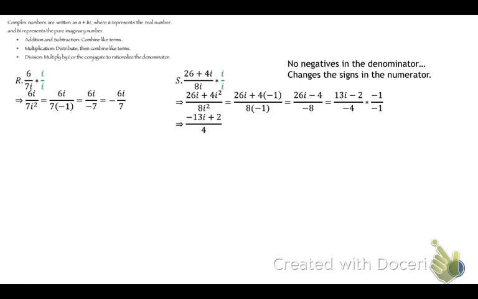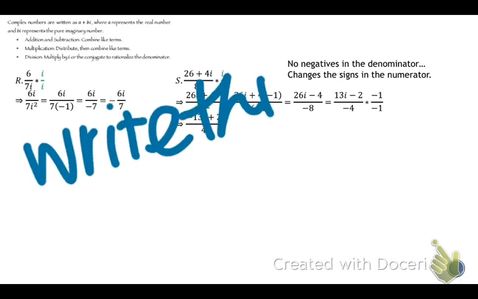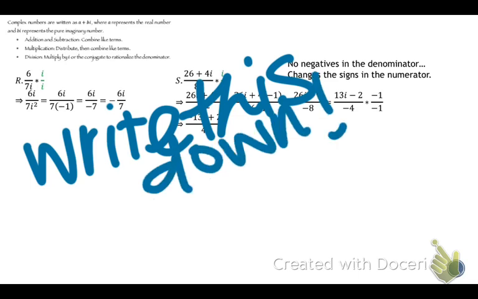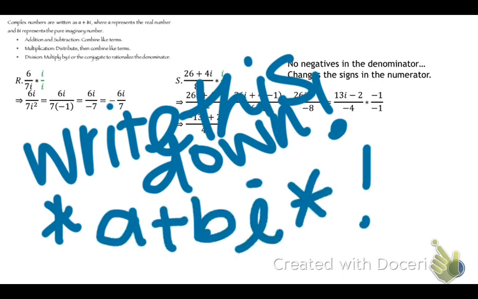Oh, and this is something I forgot to mention. Write this down. Super, super important. Write this down. Look, I'm even using a cool marker. Write this down. You have to write these in the form of a plus bi. 3 exclamation points, that means it's really important that you remember this.